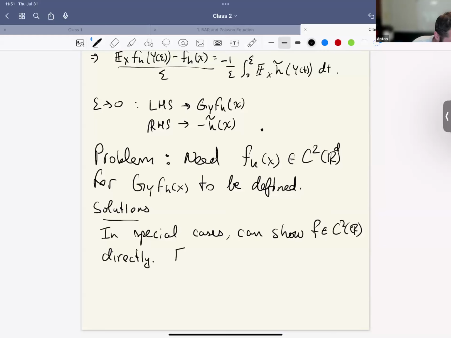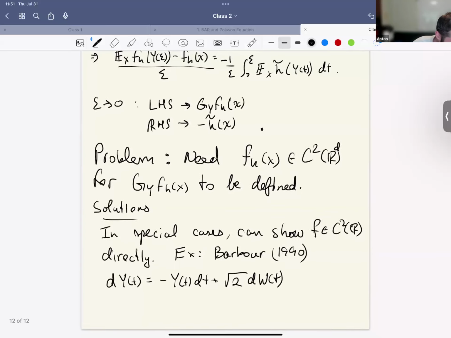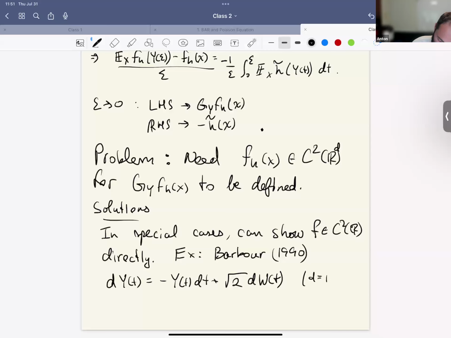For example, there's a classical setting where the diffusion under consideration is the OU process, dy of t is negative y of t dt plus square root of 2 dw of t. And let's say this is dimension 1.